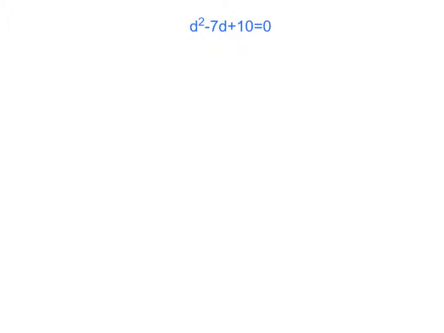So now we get an equation, a trinomial, 3 terms, and we take your first term, multiply it by your last term to get 10, and we write down all the factors of 10. So we have 1 and 10, 2 and 5, and we see what adds to negative 7.